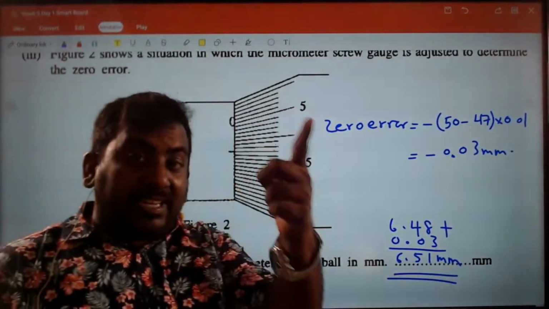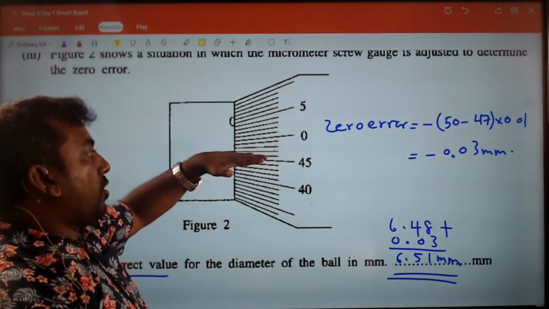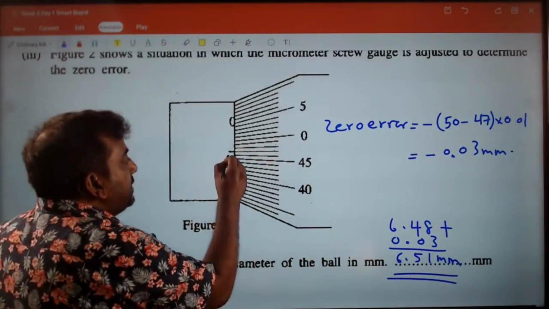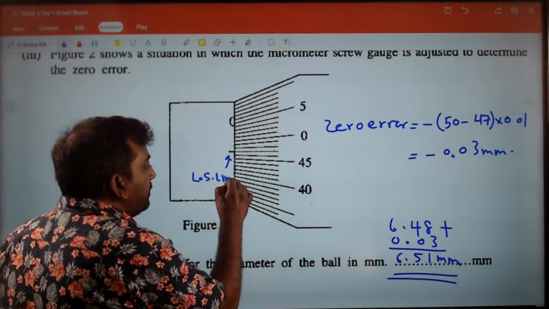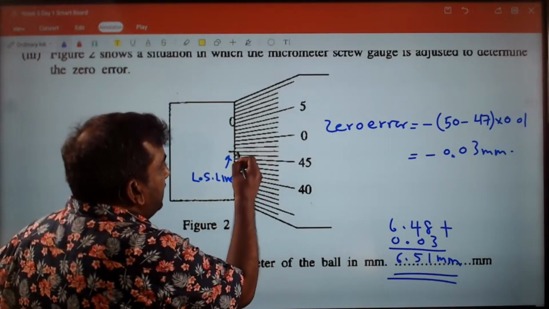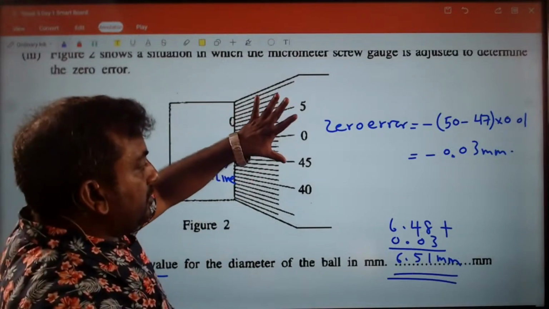Negative zero errors are added right there. If the circular scale 0 is above the linear scale line, we say there is a negative zero error.